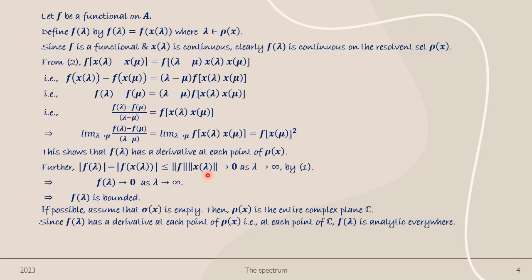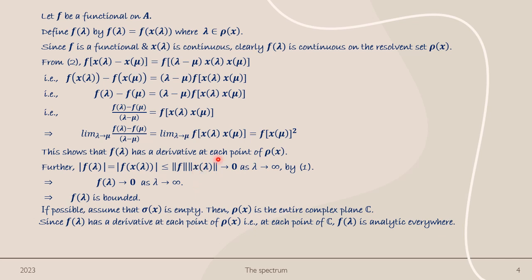We know that norm of T x is less than or equal to norm T into norm x. Similarly, modulus of f of x of lambda will be less than or equal to norm f into norm of x of lambda. But already we know that x of lambda tends to 0, by 1, as lambda tends to infinity.